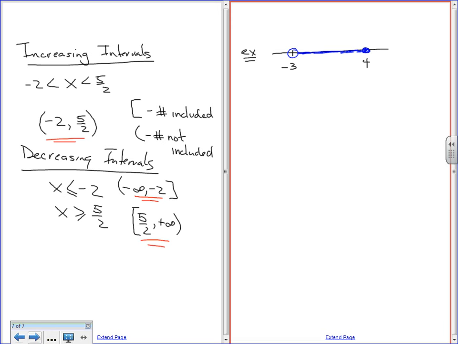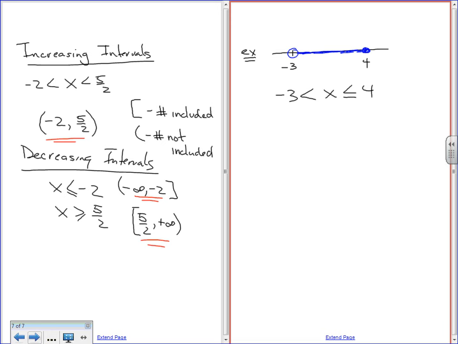So with my inequality notation, I would say x is between 4 and -3. X has to be less than 4, but it has to include 4. So I'd write x is less than or equal to 4. X has to be greater than -3, but not include it. So I'd write that. So that and that mean the exact same thing.